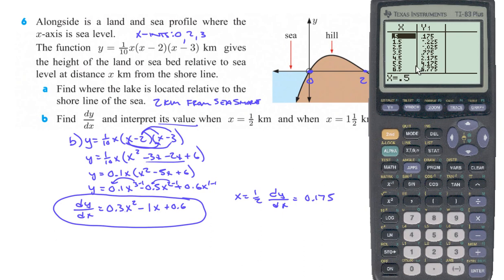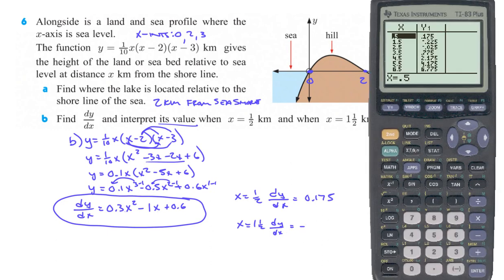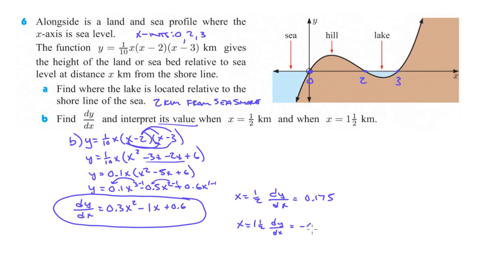And then at 1.5, it's negative 0.225. So x equals 1.5, dy over dx equals negative 0.225. Okay?